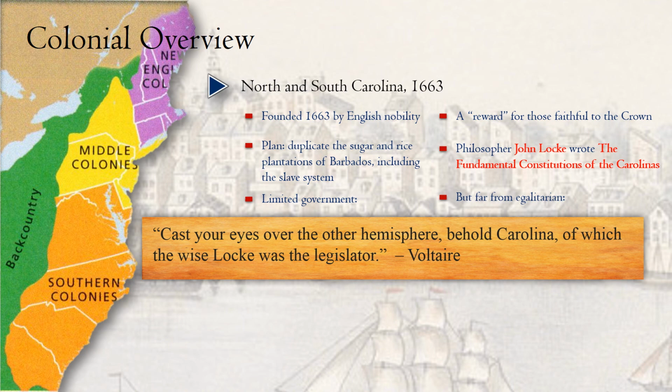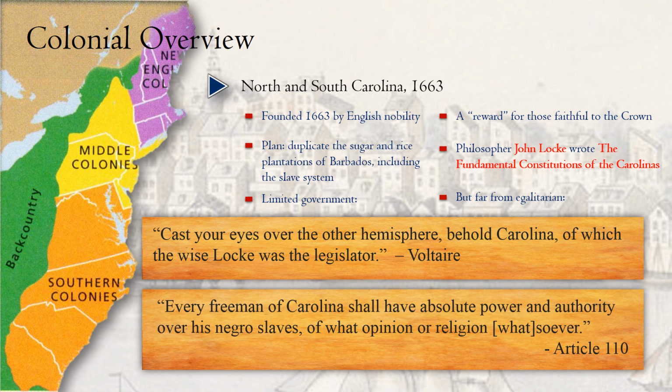In fact, they were far from egalitarian. Remember, the purpose of establishing the Carolinas was to make money in agriculture. And to that end, every freeman, says Article 10 of the fundamental constitutions of Carolina, "shall have absolute power and authority over his Negro slaves, of what opinion or religion whatsoever."